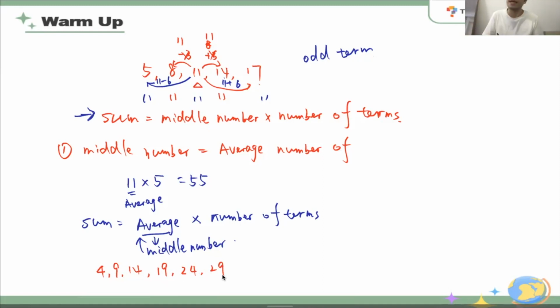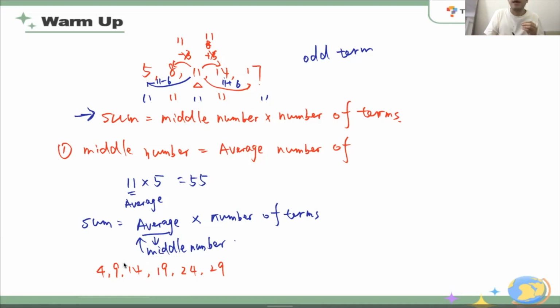Can we still use this middle number times number of terms to find the sum? Actually, I will tell you we can. But when we meet a sequence with even terms, what is the middle number? We don't know what the middle number is. We should find this middle number.